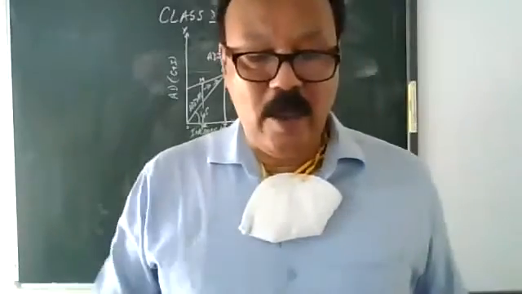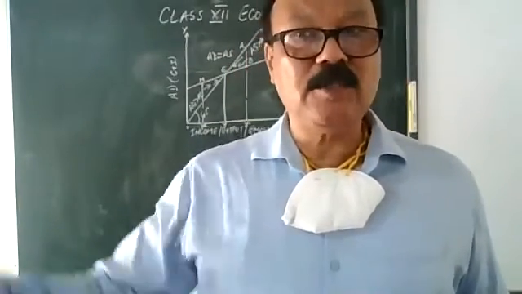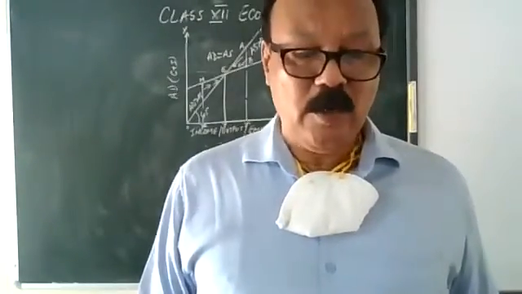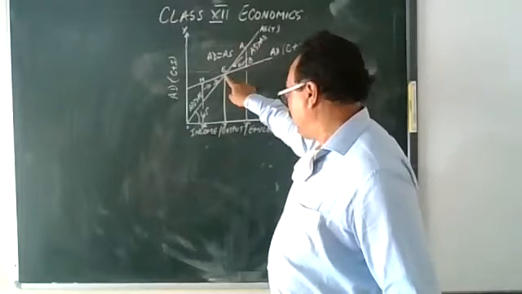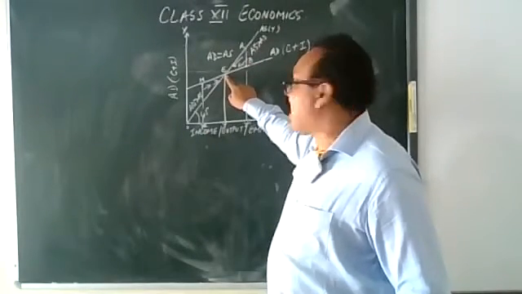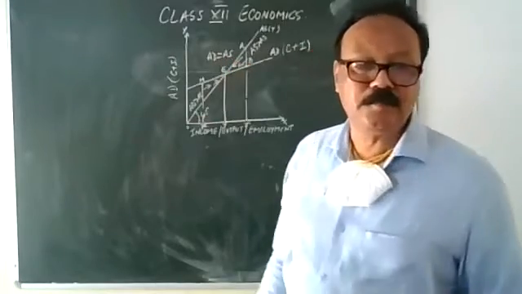So naturally their production would be less. The process of decreasing output will continue till it comes to the point E, where AD is equal to AS.